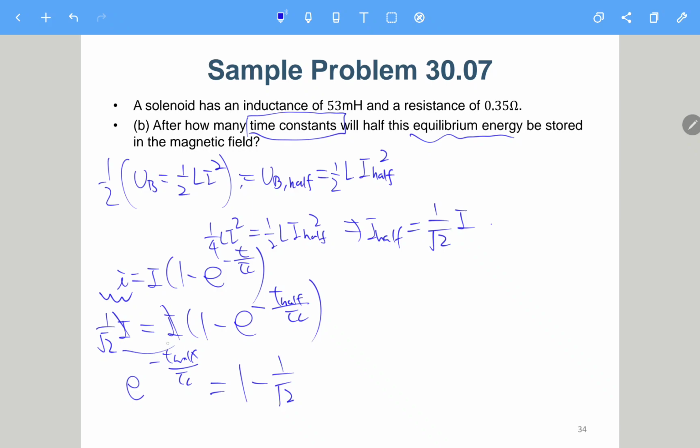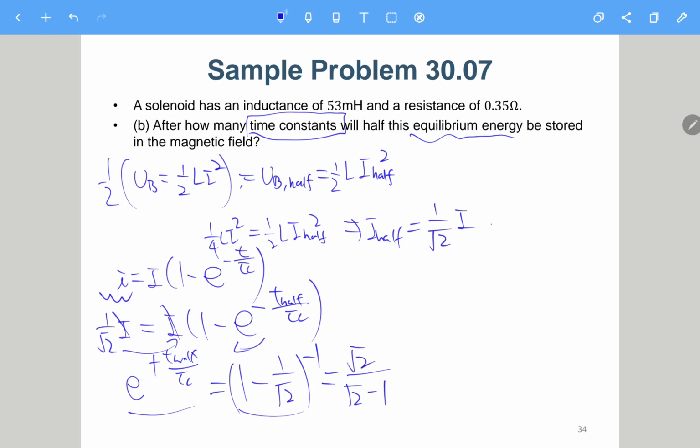We move this over, so we have this on the left side, and on the right side we have 1 minus 1 over square root of 2. Then we take the reciprocal on both sides, so it becomes positive. Taking the reciprocal here will become square root of 2 over square root of 2 minus 1.